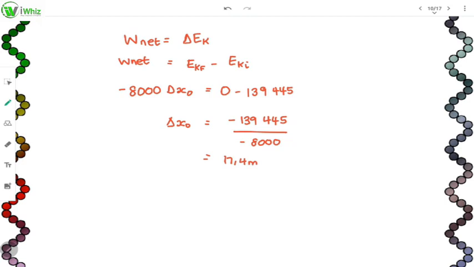So what have I done with this? What have I calculated? I've calculated the kinetic energy that was needed. I then calculated the work done. I then used both of those to do an equation that will give me the final answer that I needed, which is the stopping distance of the car.